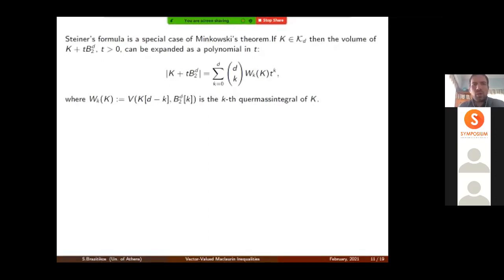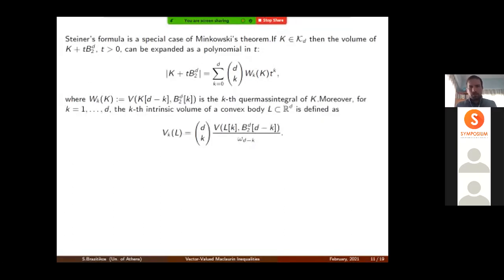have another name. We say that the coefficient that corresponds to t to the power k is the k-th Quermassintegral of K. And it is exactly, of course, the mixed volume of taking d minus k times the convex body K and k times the unit Euclidean ball.